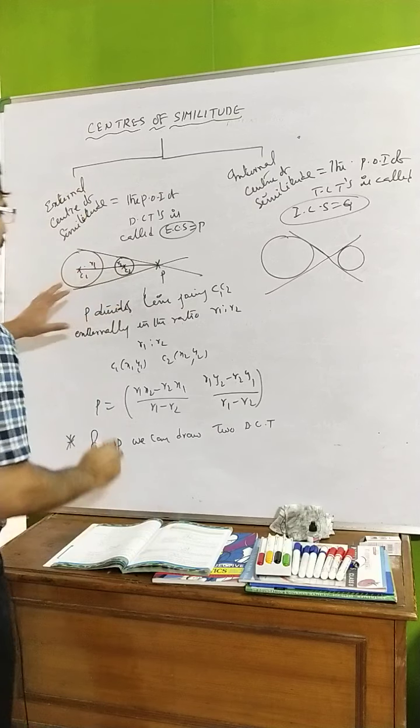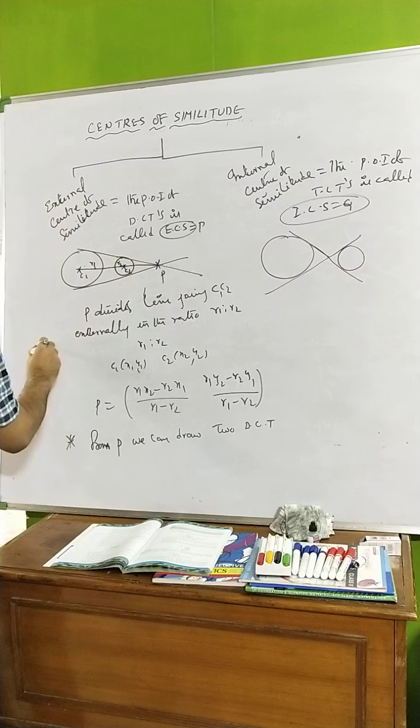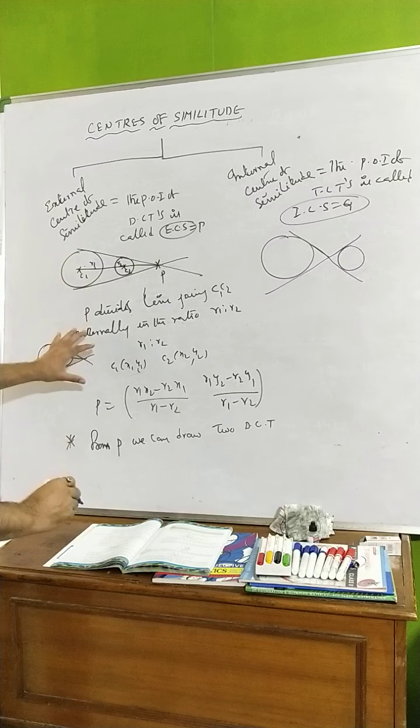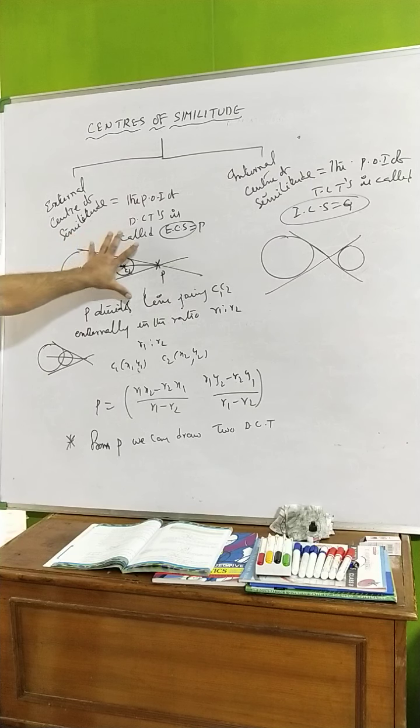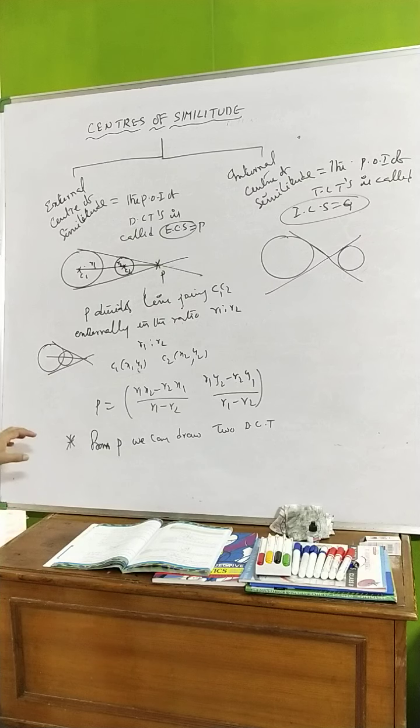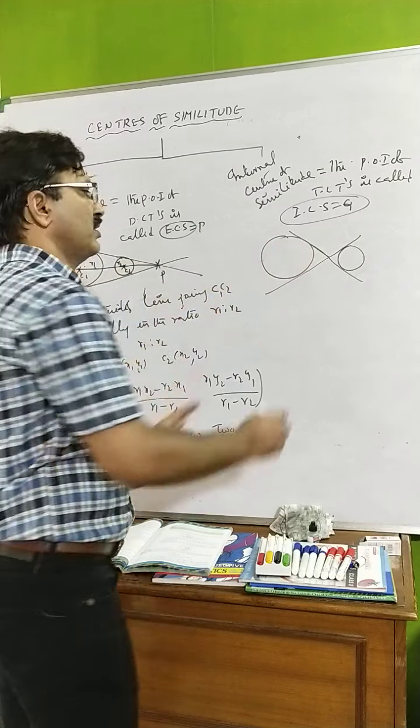Whereas here it is not. It may be away from each other, or they may cut each other. In these 2 cases direct common tangents are going to exist, but transverse common tangents definitely exist only in this case.